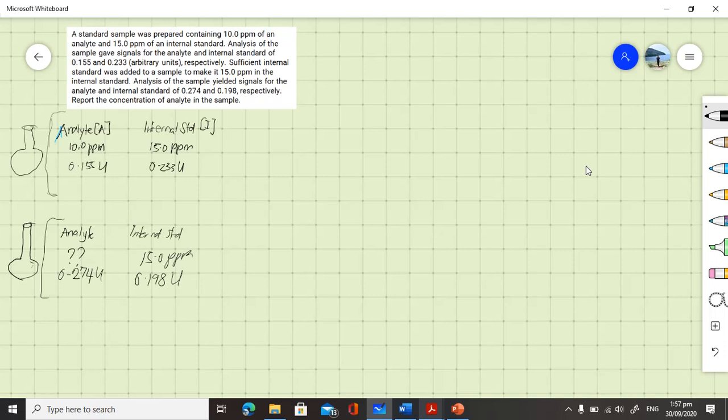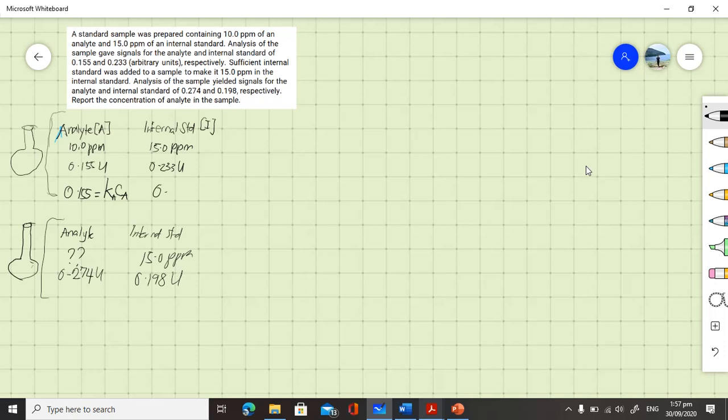Okay, so back to the calculation. That means this reading, 0.155, must be the reading of the analyte, right? The reading brought about by the concentration of the analyte and a constant. Let's say it's constant K. Okay?